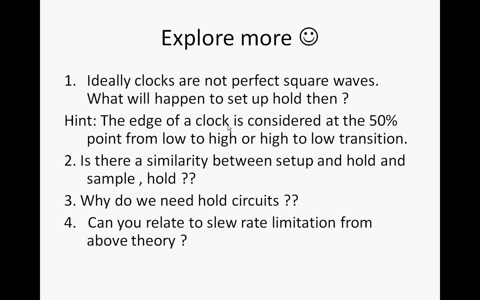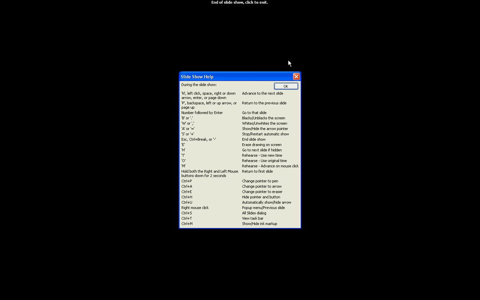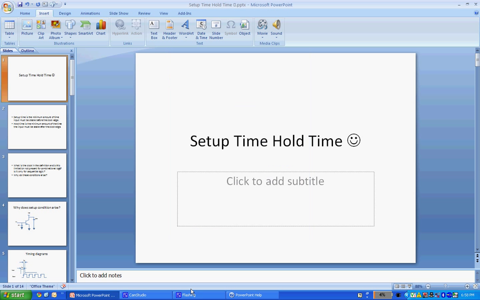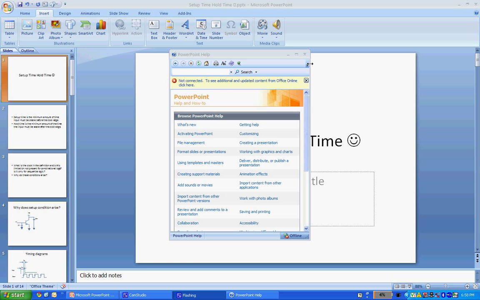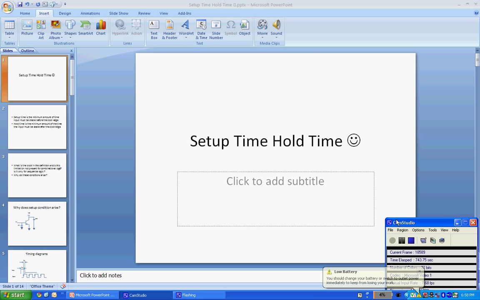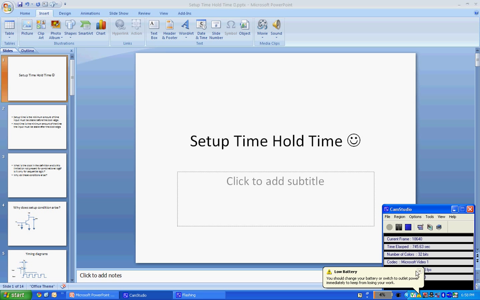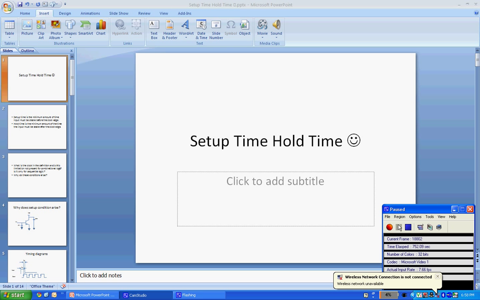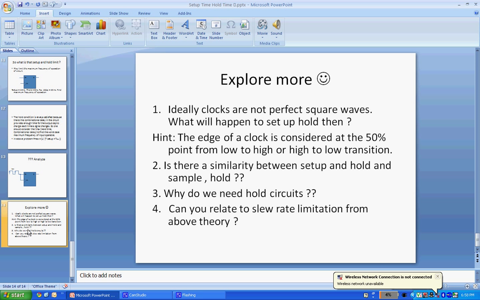These are the conditions one should explore. Ideally, clocks are not perfect square waves. So what will happen to setup and hold time if the clock is changing between two stable levels? Whatever is the 50% point during the rise of the clock, low to high or high to low transition, should be considered as the edge of the clock.